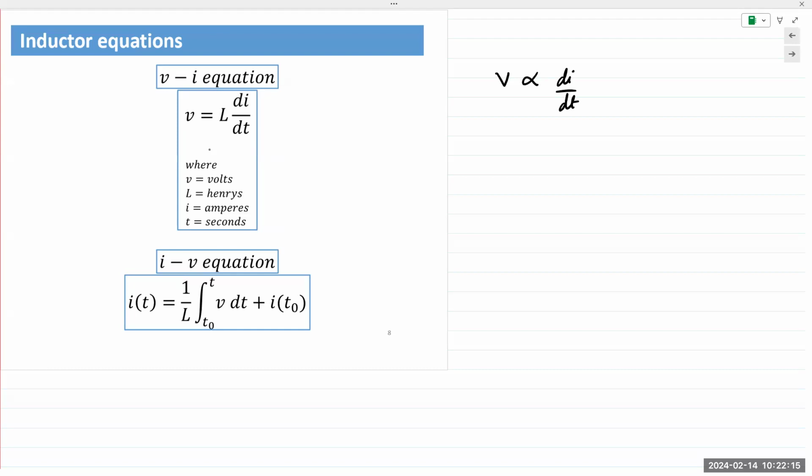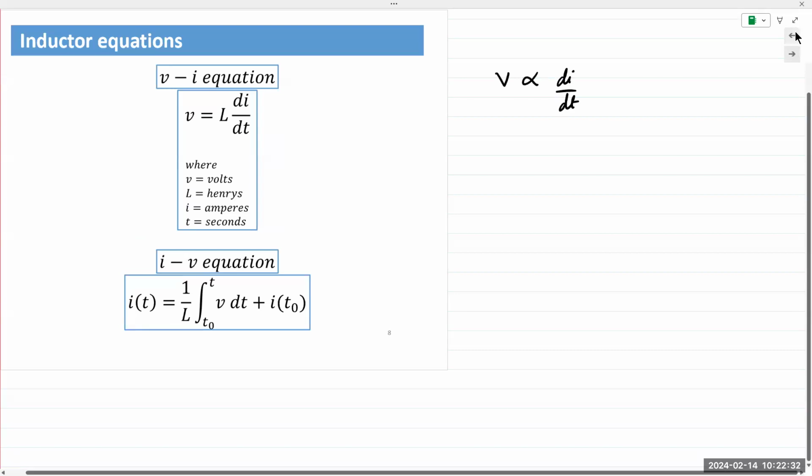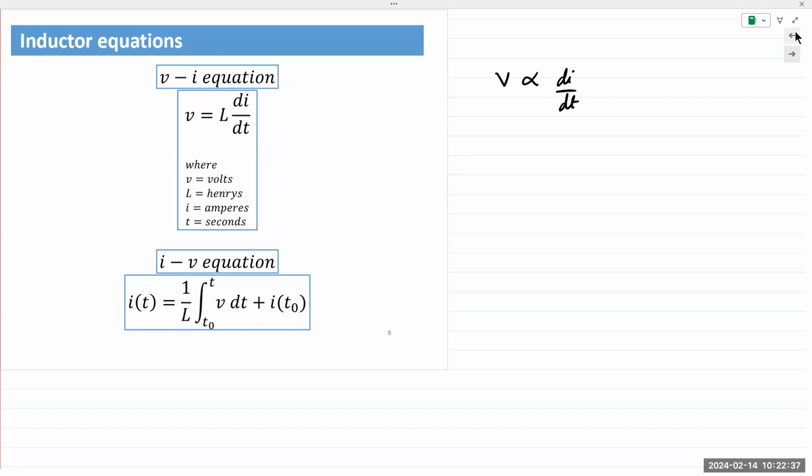If the current changes, then energy is being transferred and released back into the circuit, which causes a voltage to appear across that inductor. So again, V is directly proportional to the rate of change of current, di over dt. The proportionality is given by the constant L, which is the inductance, the value of the inductor itself. Hence V is equal to L di over dt.